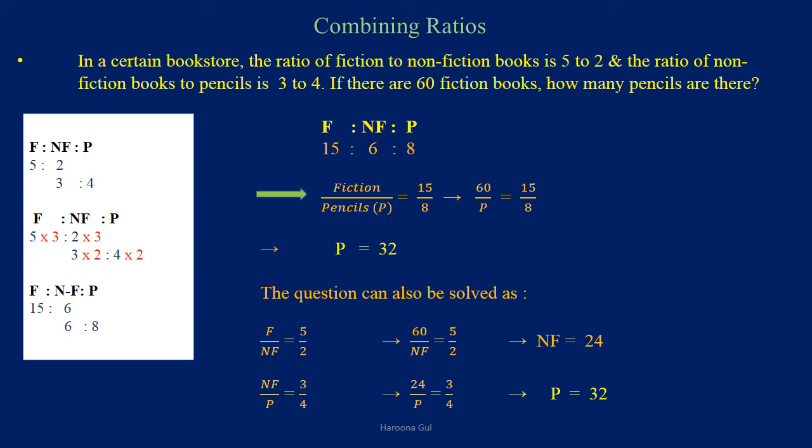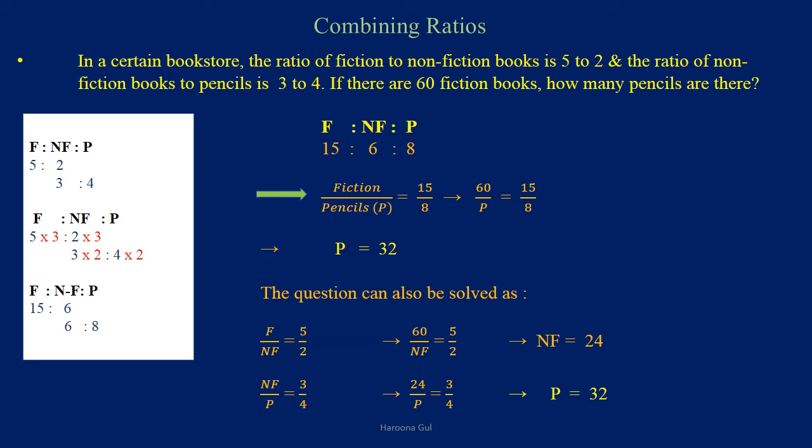So what we're going to get is the same ratio for non-fiction books, that is 6, and our combined ratio is going to be 15 to 6 to 8. That is, fiction to non-fiction to pencils is in the ratio 15 to 6 to 8.